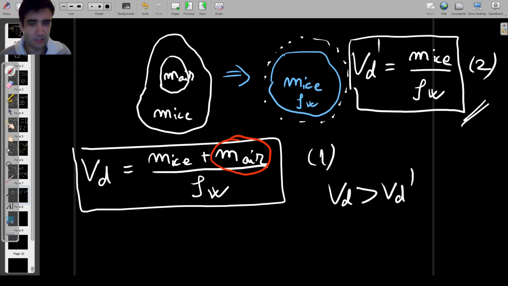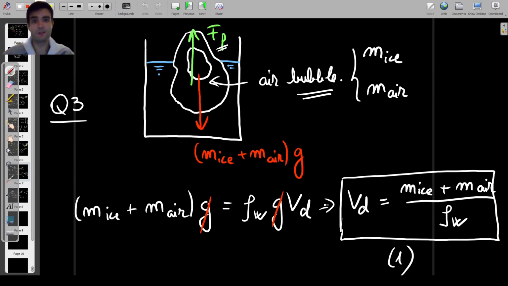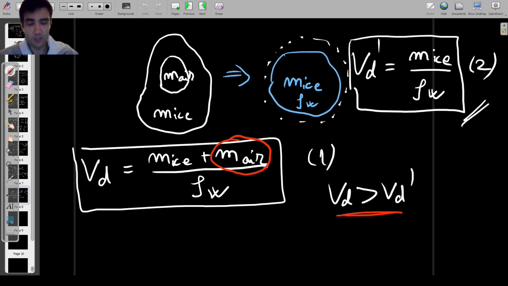Now, this is not going to be a huge difference because the mass of air is much less than the mass of the ice itself, but it still makes the volume in the second case, when the ice is floating, bigger than the volume of the displaced water after the ice melts. Okay, so what actually happens with this problem, as you can see, after the ice melts, the water level goes down, and that's it.